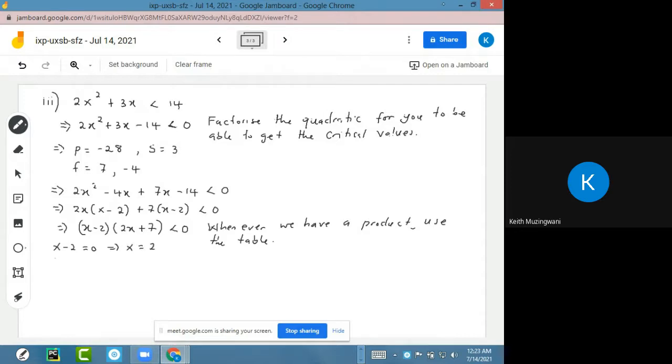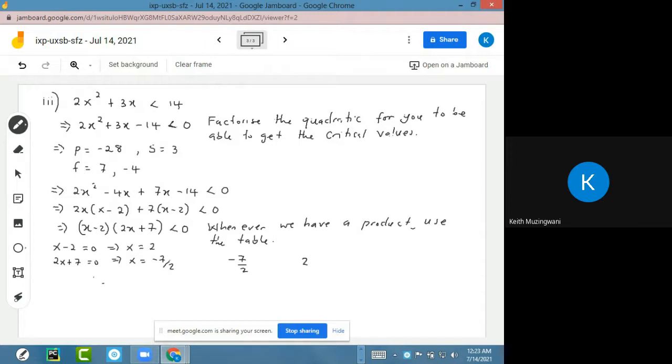Also 2x plus 7 is equal to 0, giving us x is negative 7 over 2. And then form a table. Let me put the table somewhere else. So I'll put the table here. Negative 7 over 2.